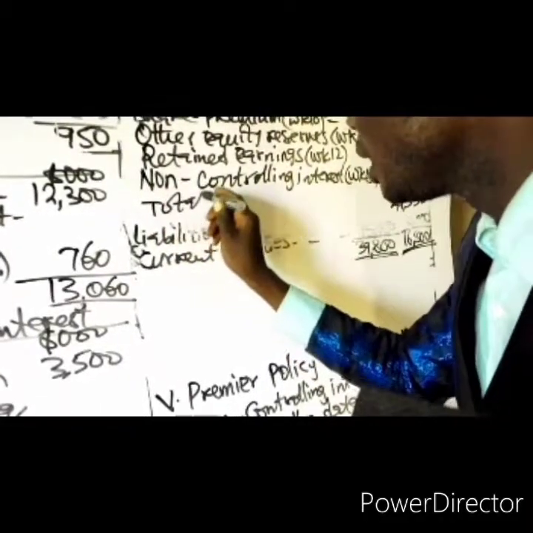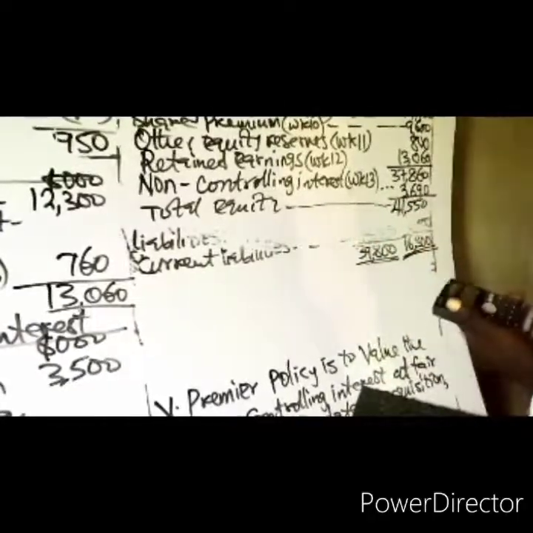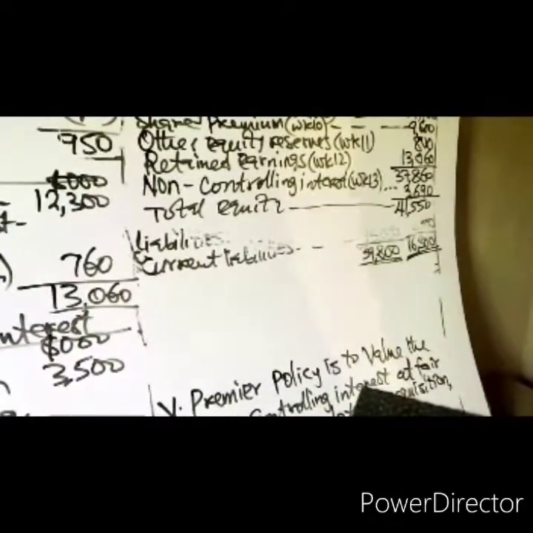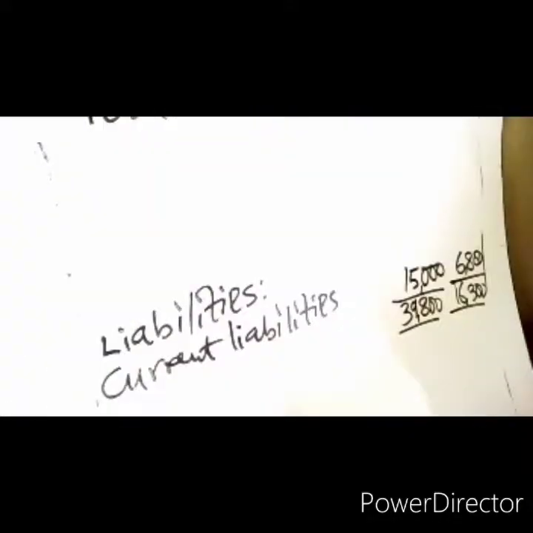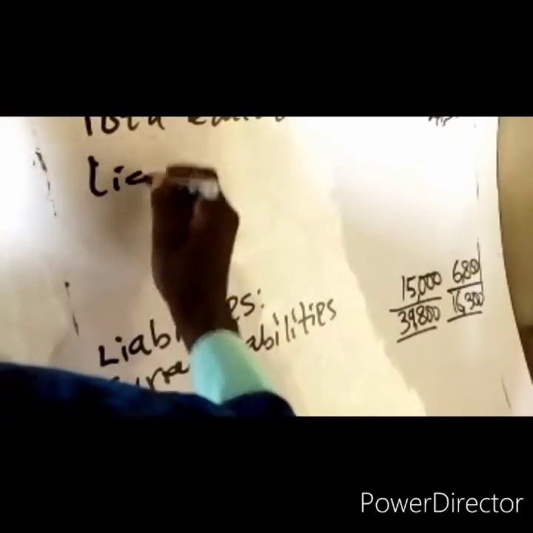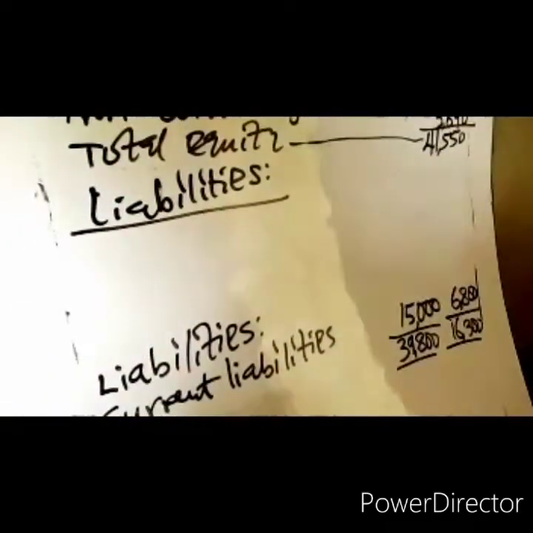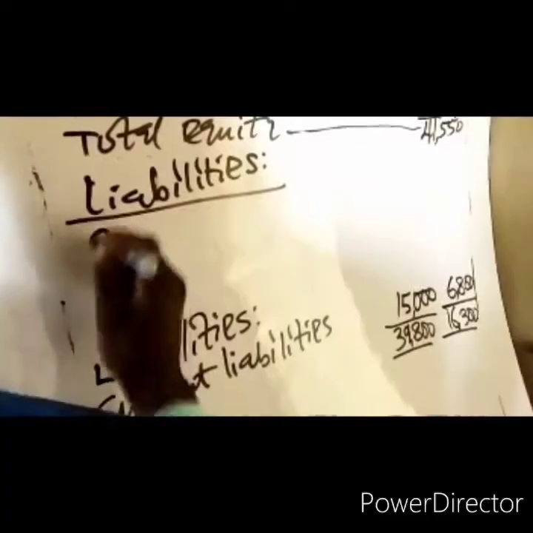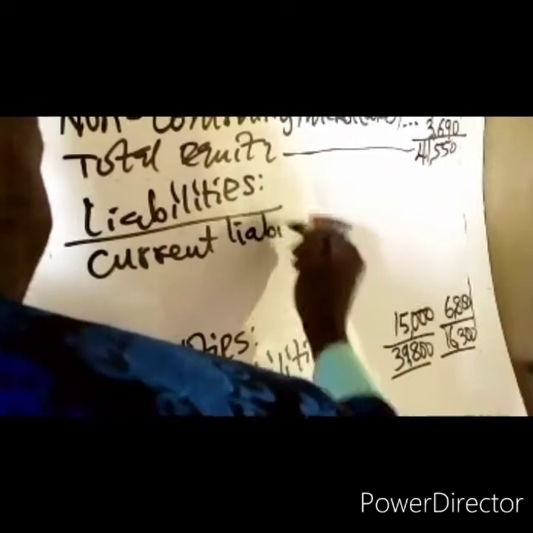After equity, the next section will be the liabilities. As part of our liabilities, we have current liabilities.